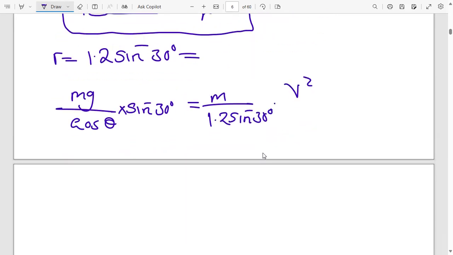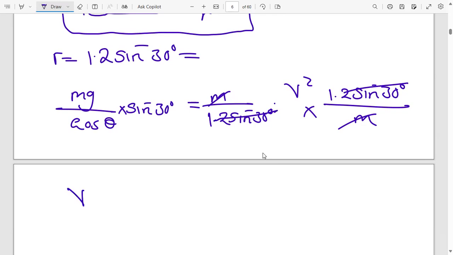So if I want to remove M over 1.2 sine 30, I'll multiply by the reciprocal of that. So it should be 1.2 sine 30 degrees over M, like that. So the M and the M cancel out here, and this and that cancel out.